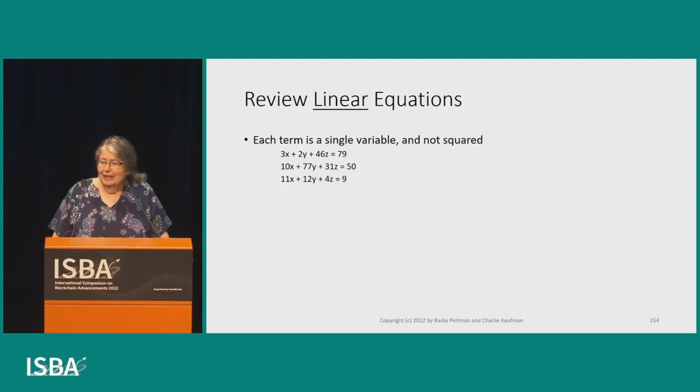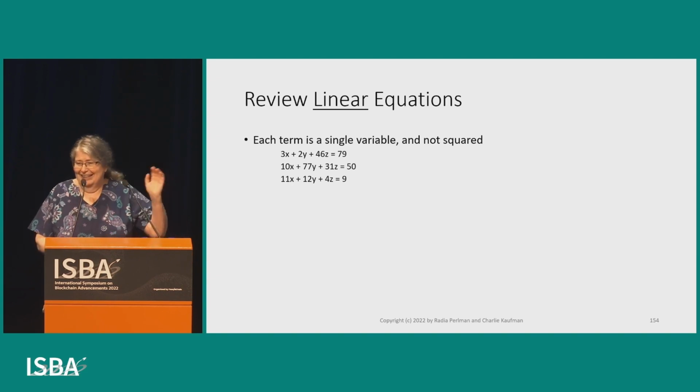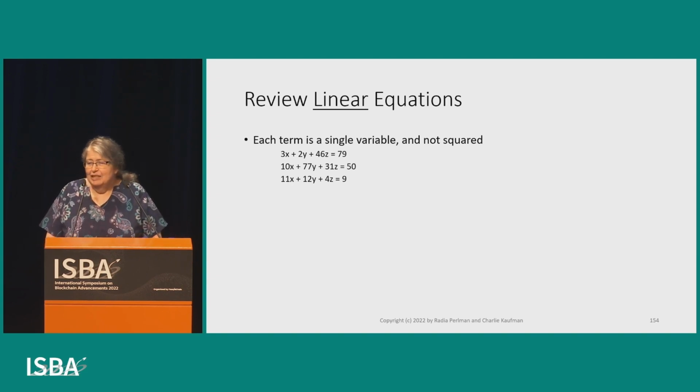So reviewing linear equations, this is something you learned in, I don't know, I keep picking 11th grade. It might be 10th grade, okay. In a linear equation, each term only has a single variable, like 3x plus 2y plus 46z equals 79. That's a linear equation. And if you have 3 equations with 3 unknowns, you can solve it.